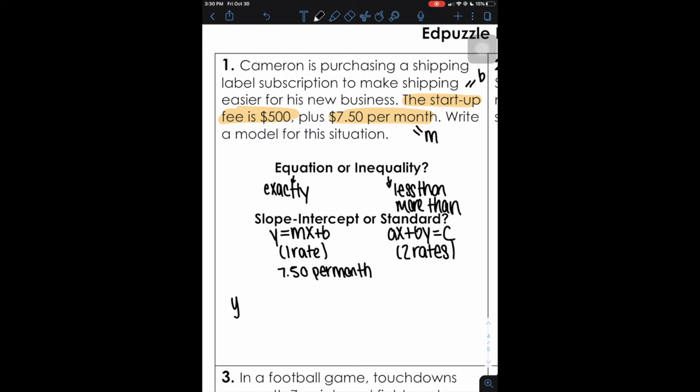So I'm going to make Y equal to $7.50, because we just discussed that that's the M variable, plus 500. We can define X to be a number of months, and Y equals total cost.